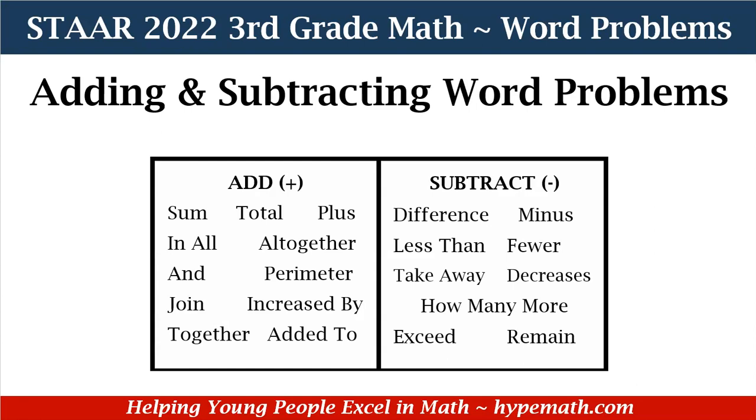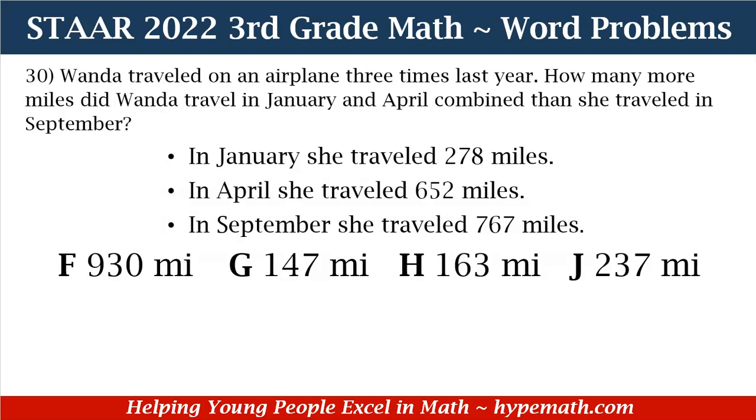For subtraction, we have difference, minus, less than, fewer, take away, decreases, how many more, exceed, and remain. Now, this isn't all the words that you'll see in a word problem, but they're the ones that we commonly see whenever we see an addition or subtraction word problem.